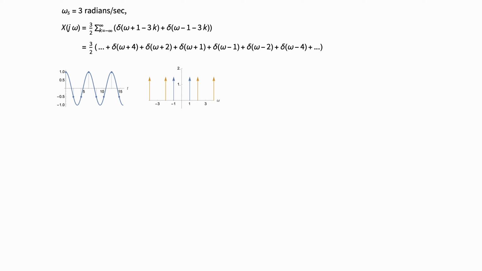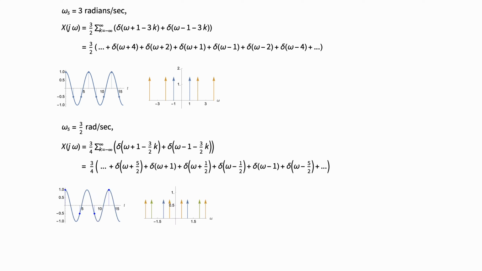Now let's look at the sampling frequency omega s equal to 3 over 2 radians per second, which is smaller than the Nyquist rate. Taking the Fourier transform of the sampled sequence with the new sampling rate and expanding the summation, you can see that frequencies in the sampled signal now masquerade as lower frequencies than in the original.